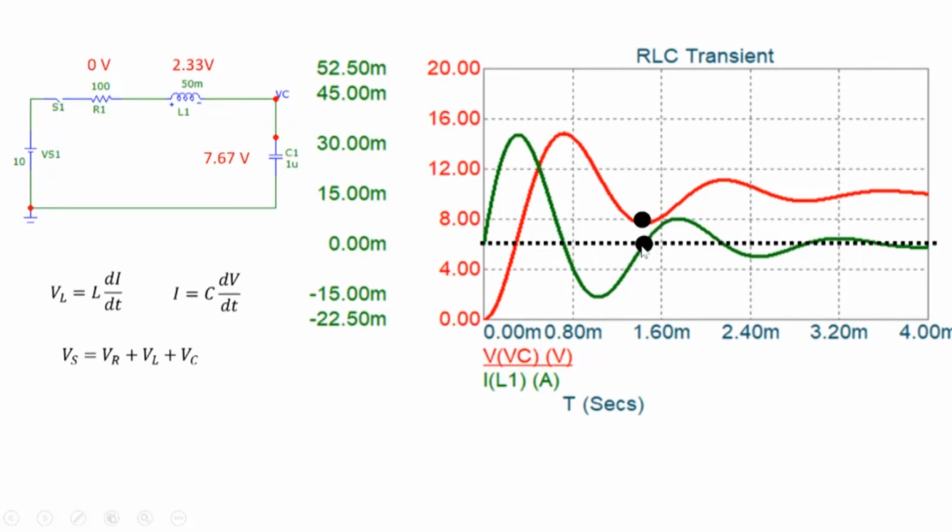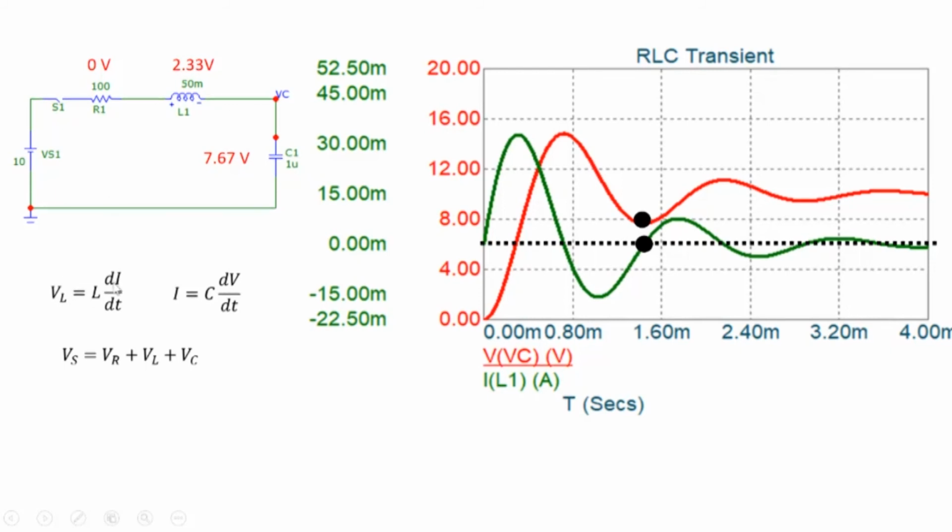When the inductor current falls to 0, the capacitor falls to 7.67 volts. Again, this is not sustainable. The current is 0, but for the final value, this should have been 10 volts, and this should have been 0. But now there is a voltage across the inductor of 2.33 here.